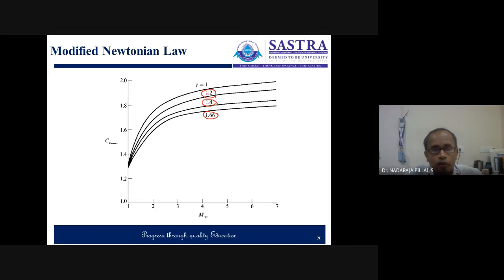So when gamma is equal to 1 and M tends to infinity, it will become approximately equal to 2. That is our finding.